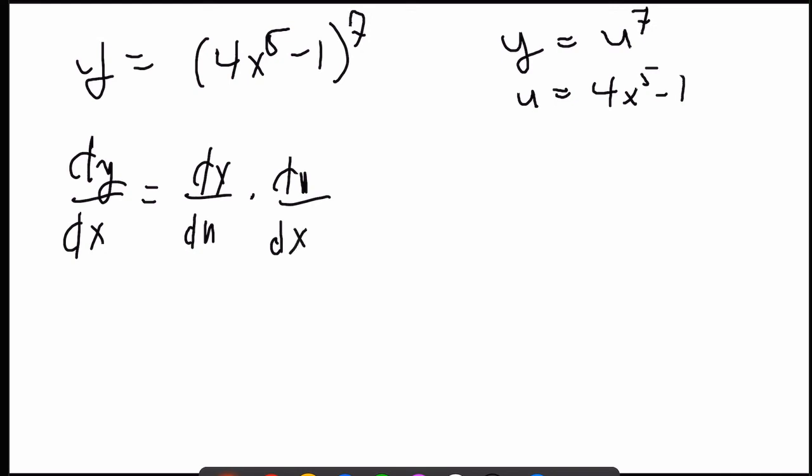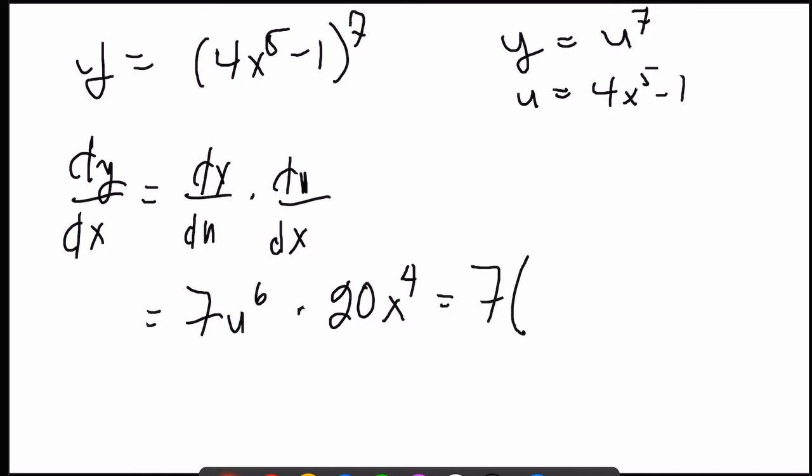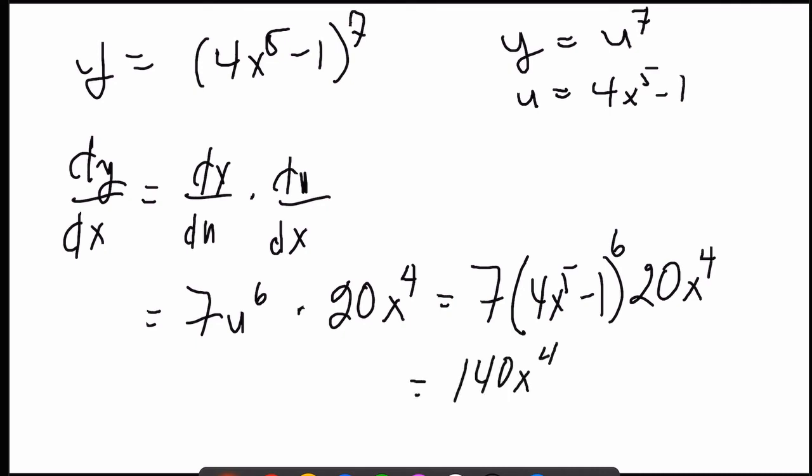Yes? Equals 7u to the 6th times 20x to the 4th. Okay? That equals 7 times (4x to the 5th minus 1) to the 6th power times 20x to the 4th, which is 140x to the 4th times (4x to the 5th minus 1) to the 6th power.